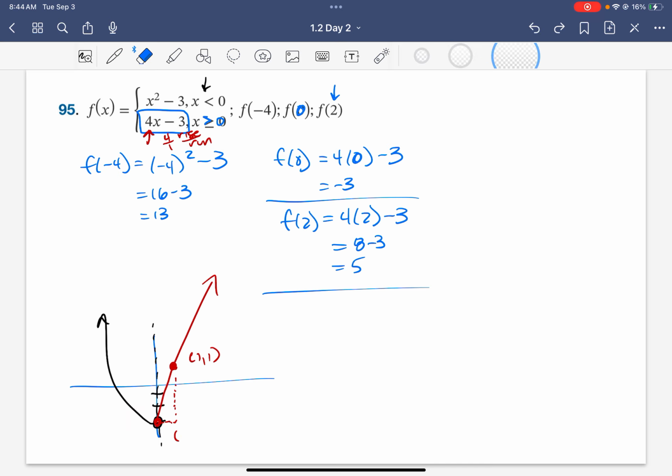So if I use this point that I already found, f of negative 4, over here at negative 4, I know that I'm going to be all the way up here at 13. So I've graphed 2 points on the piece on the left, 2 points on the piece on the right, and I'm done. Notice how they really did set me up nicely. I could have just used these points to graph the entire thing, and that was pretty nice.